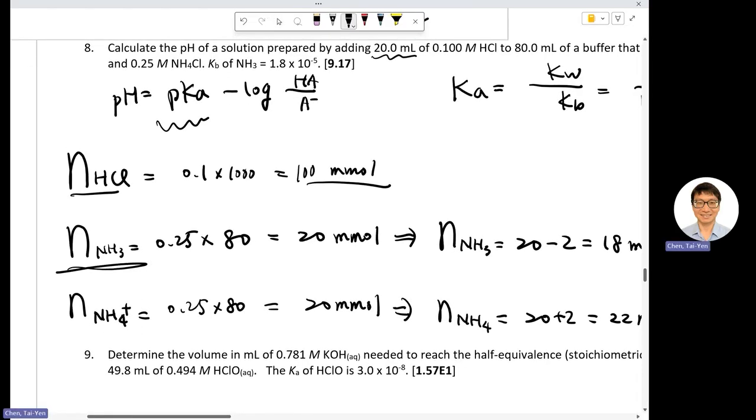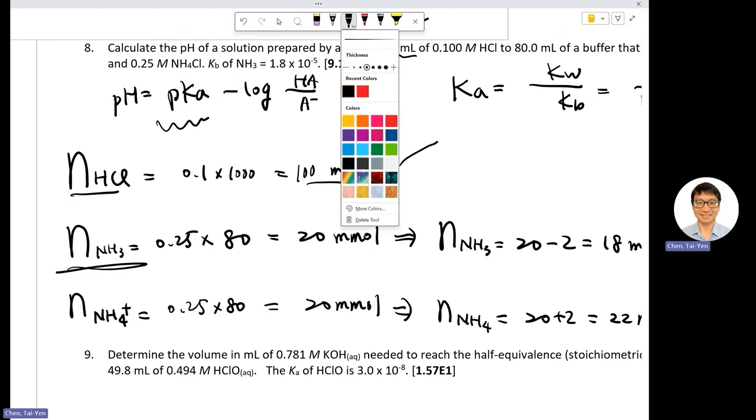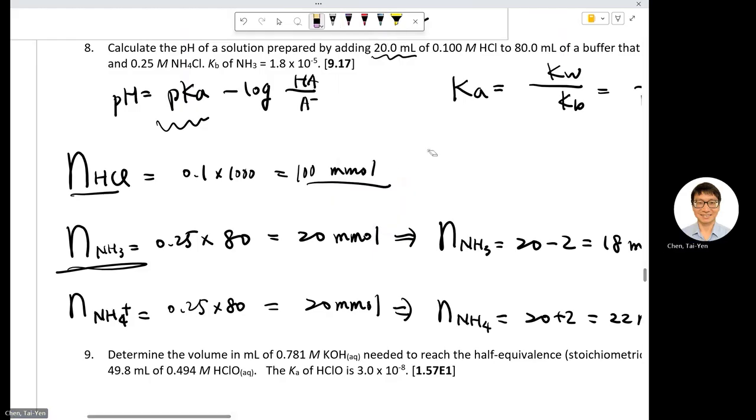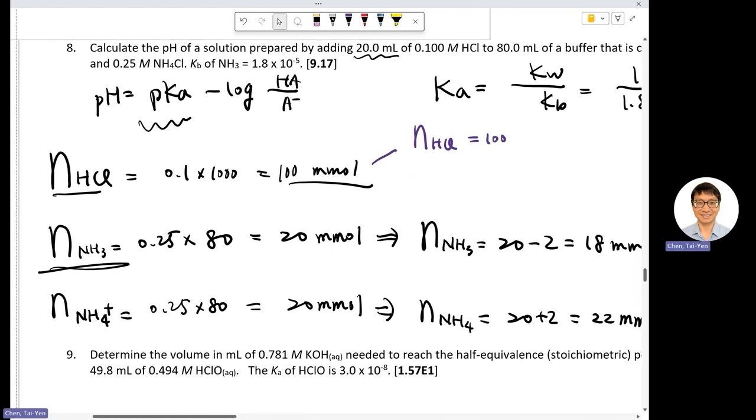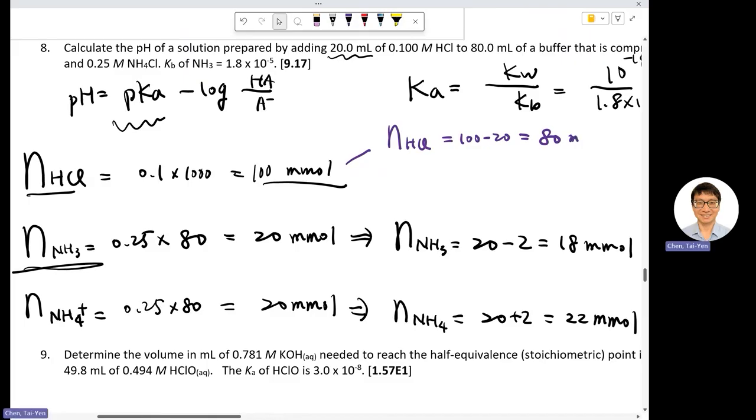Therefore, once it got consumed, let me change the color, otherwise we are confusing ourselves. After interaction, this one will only have 100 minus 20, which is 80 millimole.